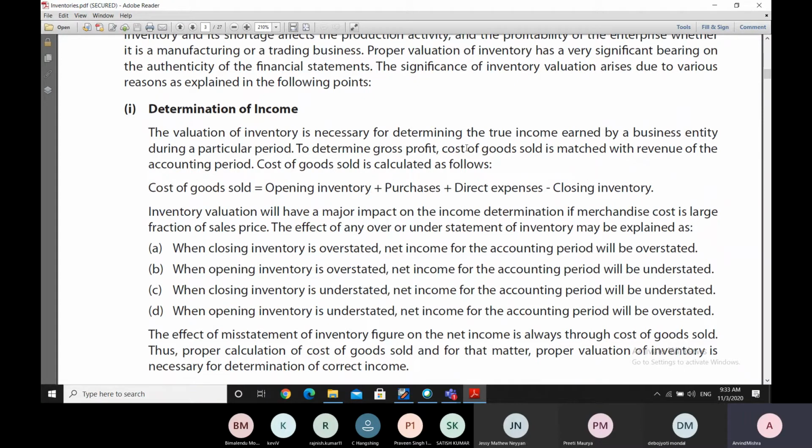And if you are not able to find the cost of goods sold, you won't be able to find the gross profit, and then you will not be able to find the income. So to determine the income, it's very important to find the closing inventory. Therefore, whatever value you ascribe to inventory will have a major impact on how much income is determined, if the merchandise cost is a large fraction of the sales price.